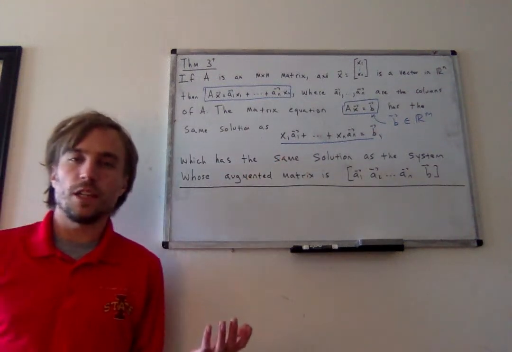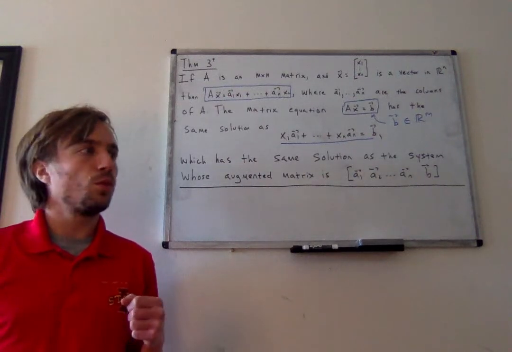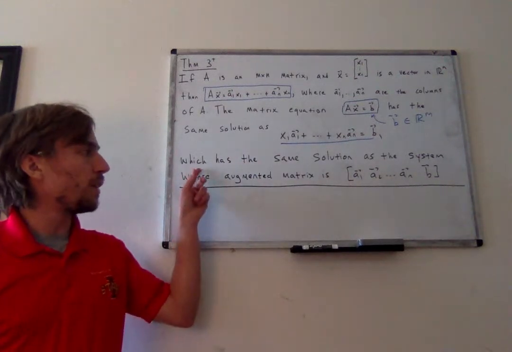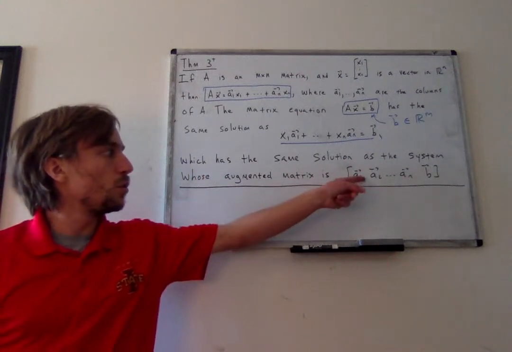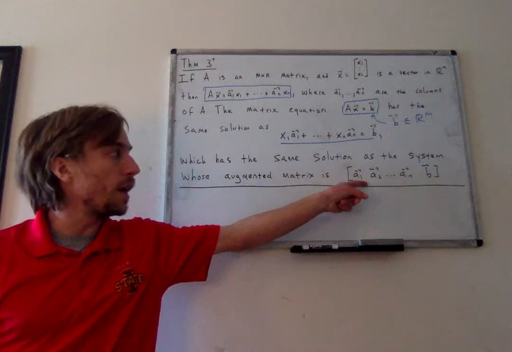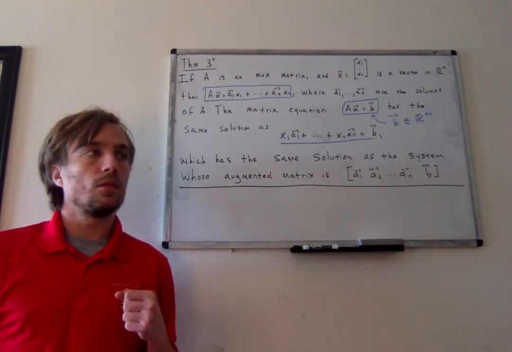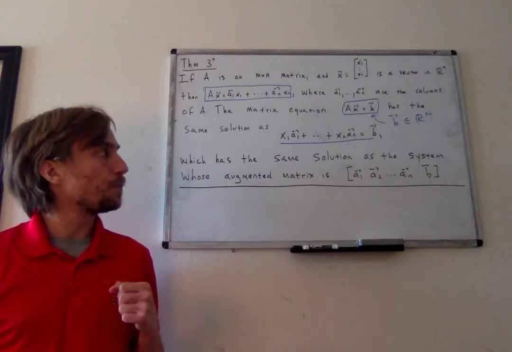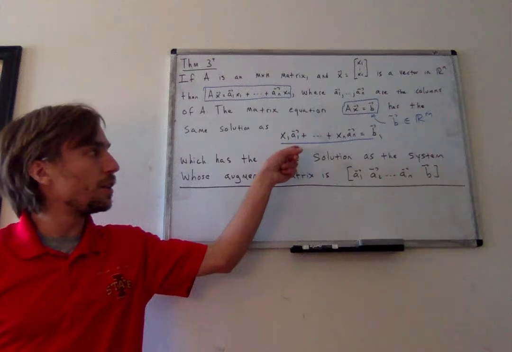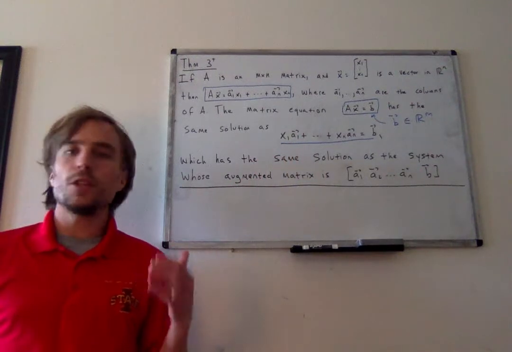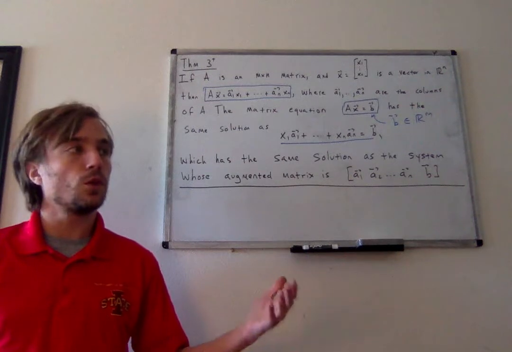And what was the punchline of section 1.3? Well, the punchline was that this vector equation has the same solution as the linear system whose augmented matrix is given by the matrix A, augmented by adding one more column b at the end. If you remember going over how to find a solution to this vector equation, it turned out to be the exact same thing as finding a solution to a standard system of equations.